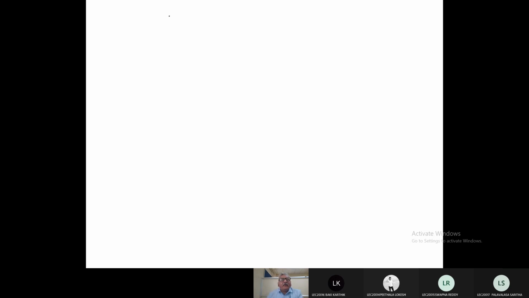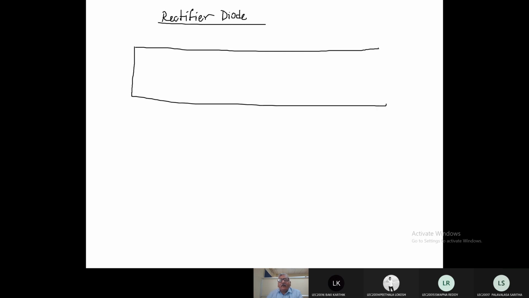First, I will take the example of a normal rectifier diode. Suppose this is a normal rectifier diode. This is the P region, this is the N region, and this is the depletion layer.